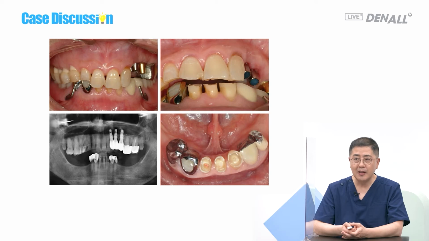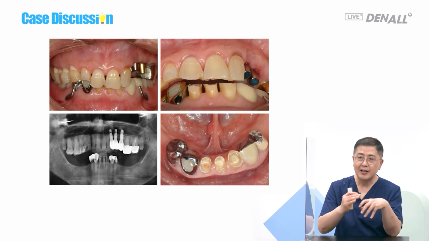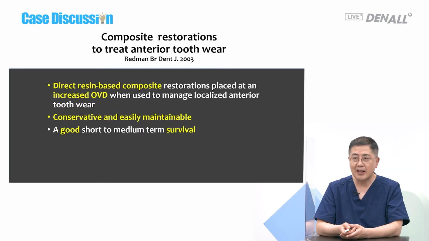In the textbook, it says VDO increase of 5 millimeters in the anterior region can be done. With the prosthesis, the aesthetics of anteriors would be a problem. Therefore, for that purpose, VDO can be increased. This is using the resin buildup.